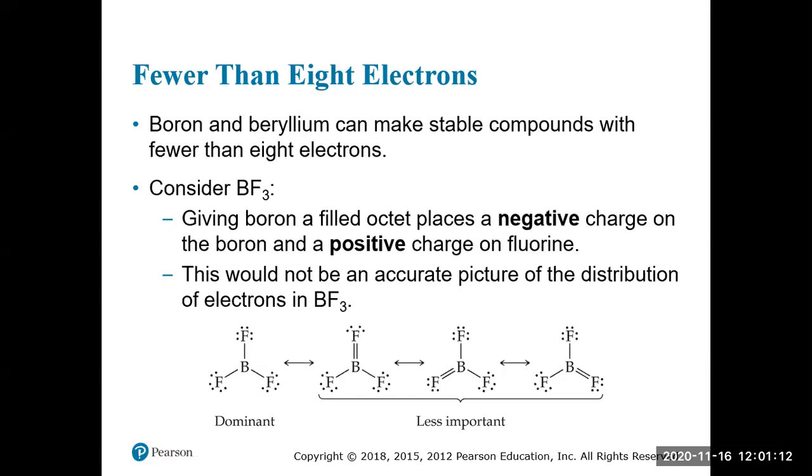And let's take a look at an example, a boron example, BF3. BF3 is actually a fairly common reagent that's used. And if you look down at the bottom, there's 4 different ways that you could represent the Lewis structure for BF3. So over on the left is boron with 3 fluorine atoms attached.